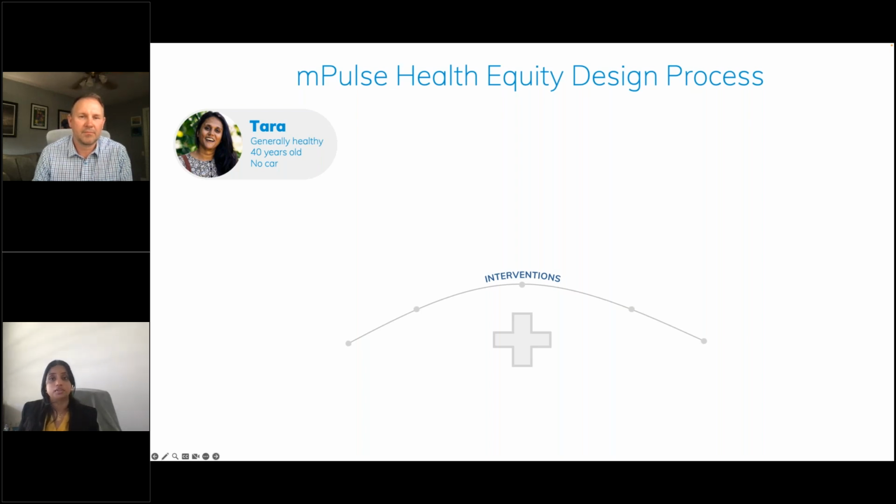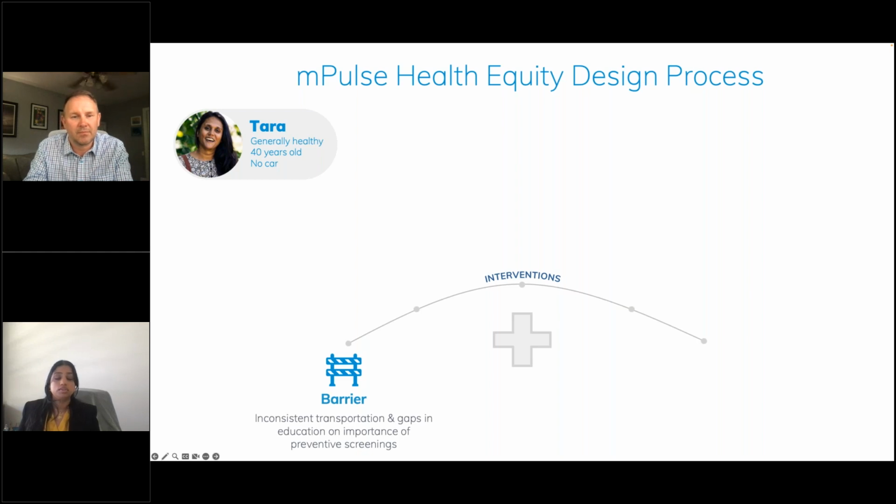So this is Thara. Thara is generally healthy and she's in her 40s. She doesn't really see the need to go to the doctor, especially if she feels fine. Plus, she doesn't have a car to get to and from appointments. So when we're thinking about Thara, we can see that there are clear gaps in education and transportation that we can easily tackle through digital channels.